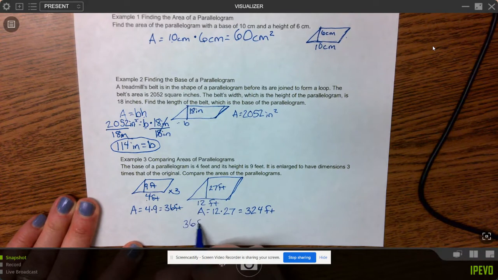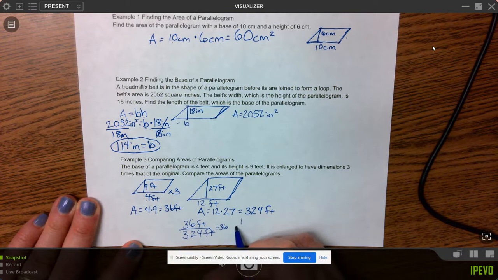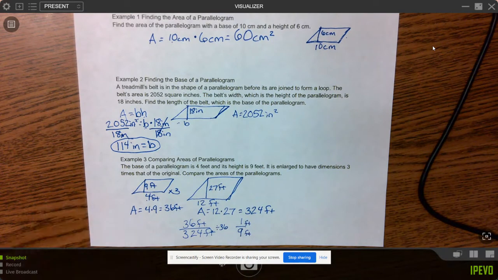So I can have 36 feet over 324 feet, and I can simplify that by dividing 36 out of the top and the bottom. 36 divided by 36 is 1. 324 divided by 36 is 9. So it would be compared by 1 to 9.